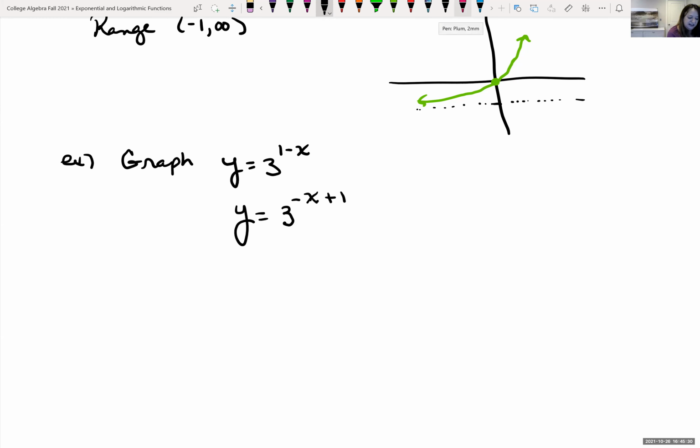So the -x is changing the sign of my x. Changing that x sign is a reflection across the y-axis. And then this +1, think of it as inside the parentheses. So this +1 shifts it to the left.